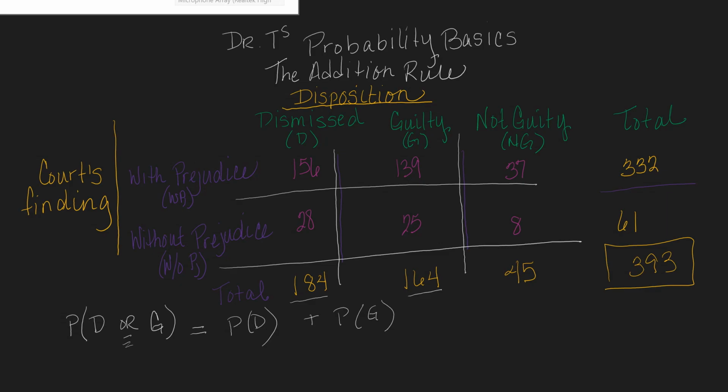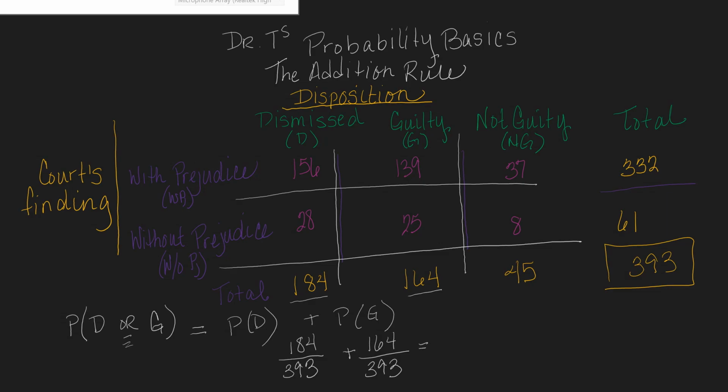Okay, so the probability that the cases were dismissed is 184 out of all the cases we reviewed. So divided by 393, we're just adding, plus the probability of having a case where someone's found guilty. That was 164 divided by all of the cases that we reviewed.